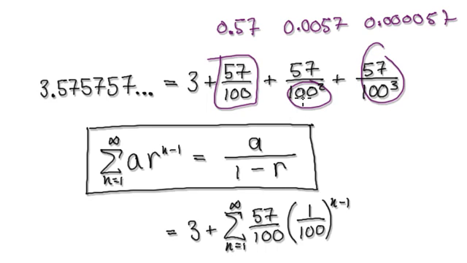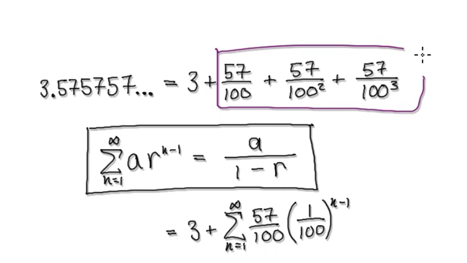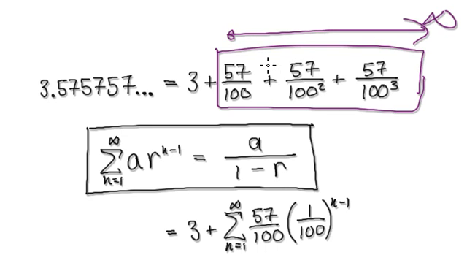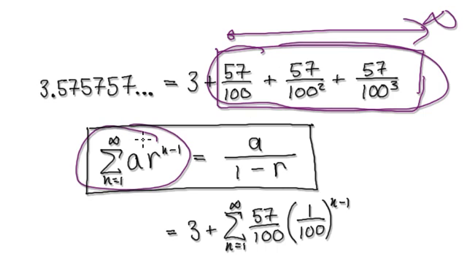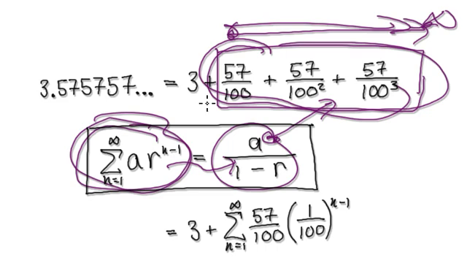And now it's you summing up everything from the first term all the way to infinity. We somehow rewrite this in this form. Once it's in this form, we can make use of this formula to obtain the sum of everything from the first term all the way to infinity.